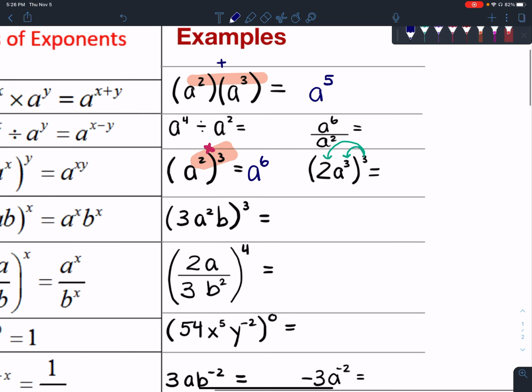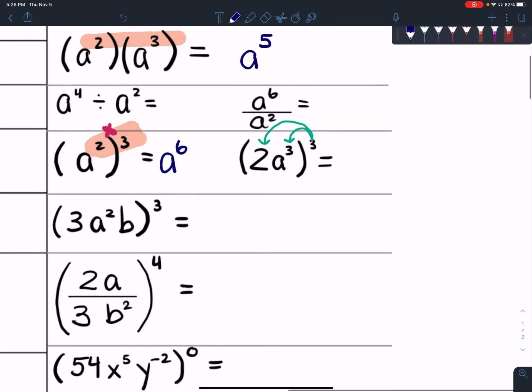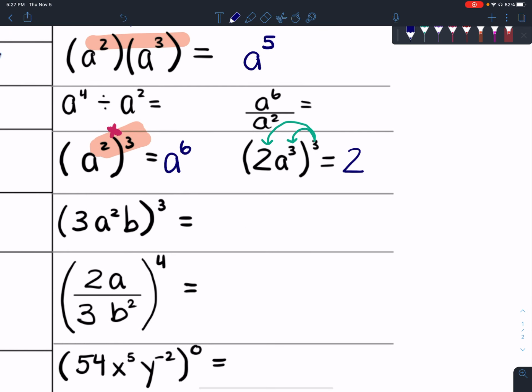So when we expand this out, this is 2 to the power of 3 and a to the 3 to the power of 3. 2 to the power of 3 we know to be a number. This you can calculate. This is 2 times 2 times 2, or you can use the 2 to the power of 3 button on your calculator. So that would give you 8.